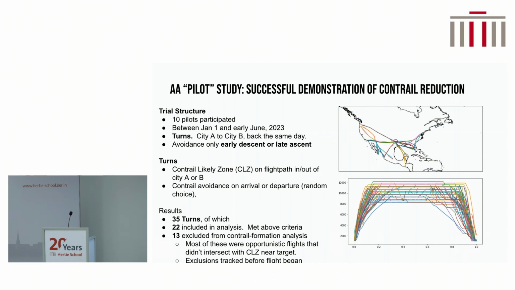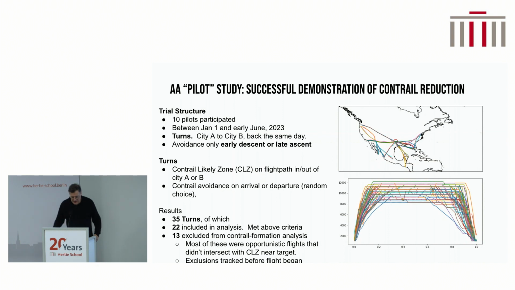Sorry, but so in the control they would fly up quickly and then go to cruise. When it's a treatment, they would go up a little bit or down a little bit faster, or go up a little bit slower. Like if there was a contrail up here, they would avoid it by just going more slowly.